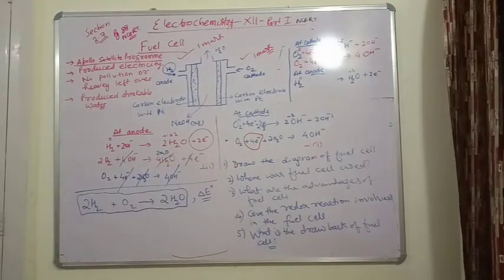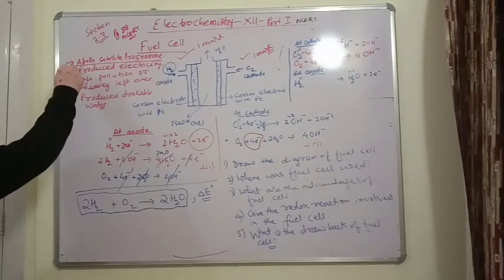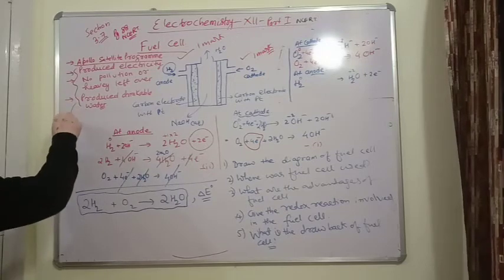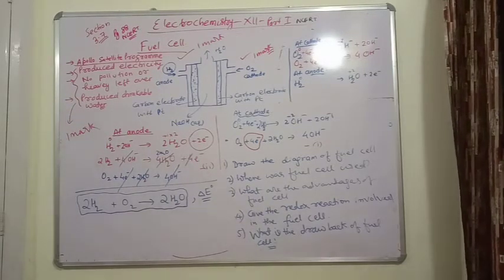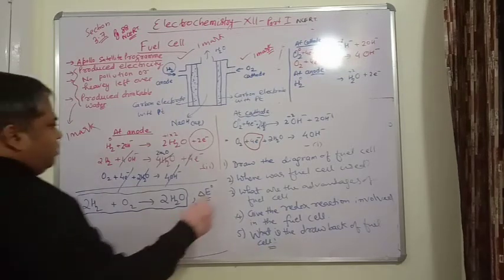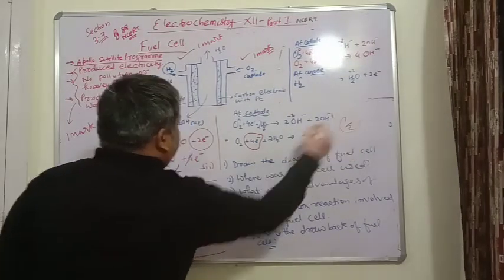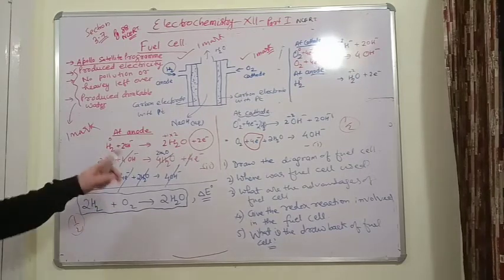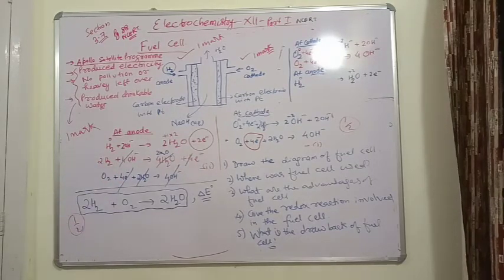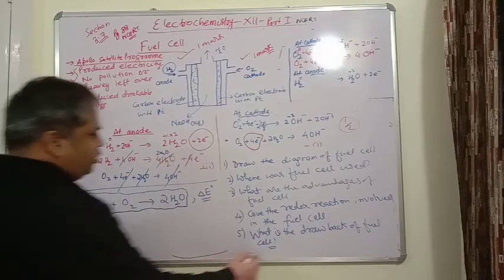What are the advantages of the fuel cell? Any 3 advantages written, 1 mark. Give the redox reaction involved. So half mark for each of the 2 half reactions, and half mark for the final value. And what is the drawback of the fuel cell?